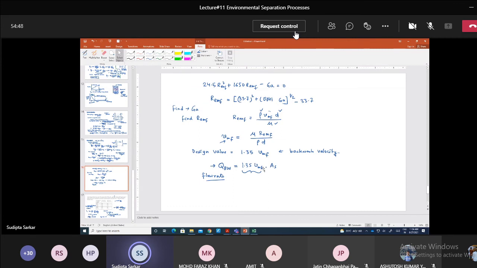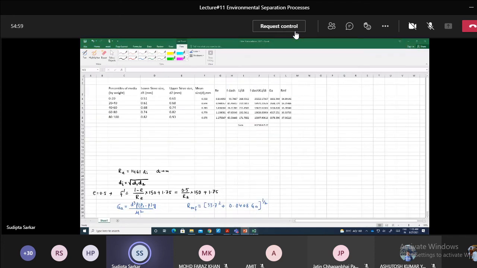So let us write down here, BMF equals mu RMF by rho T. So BMF equals mu RMF by rho. Sorry, mu RMF by rho.